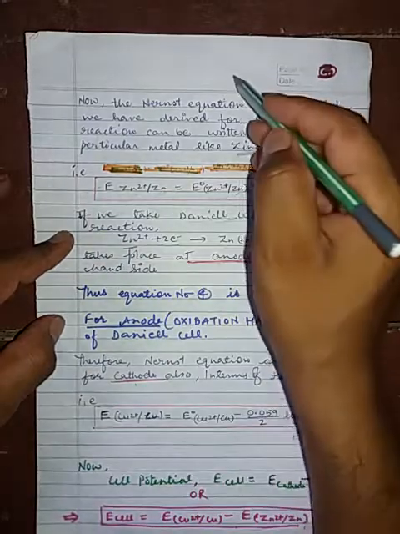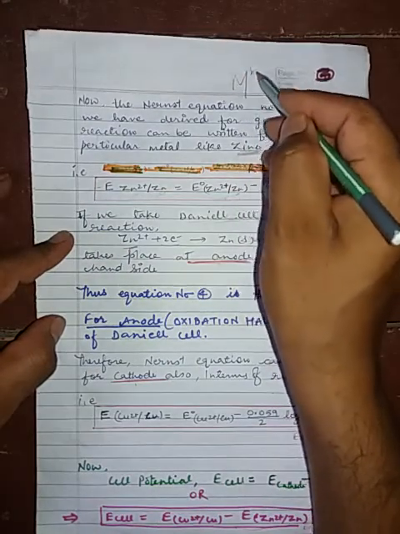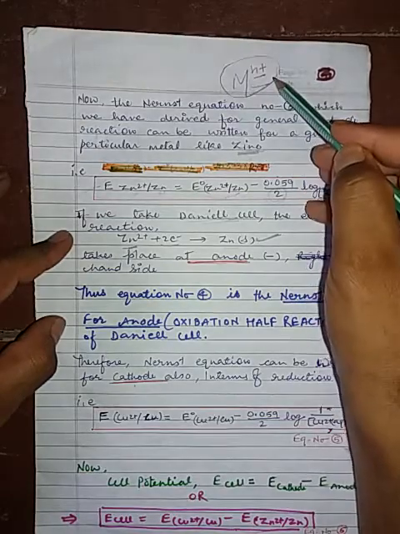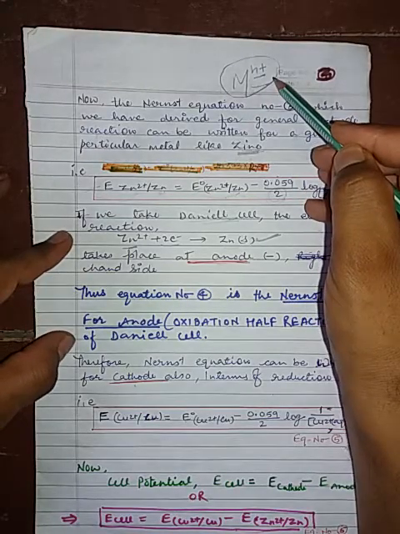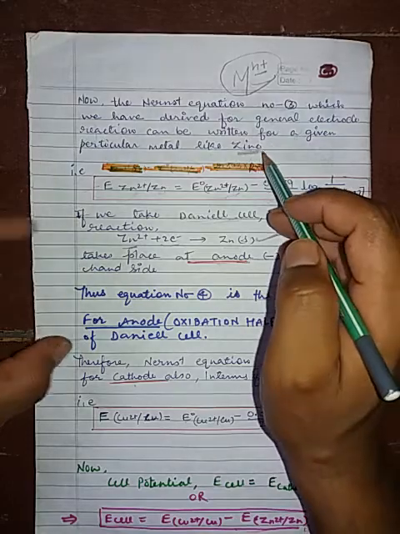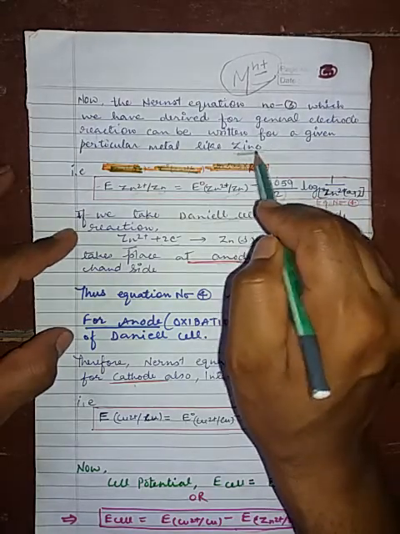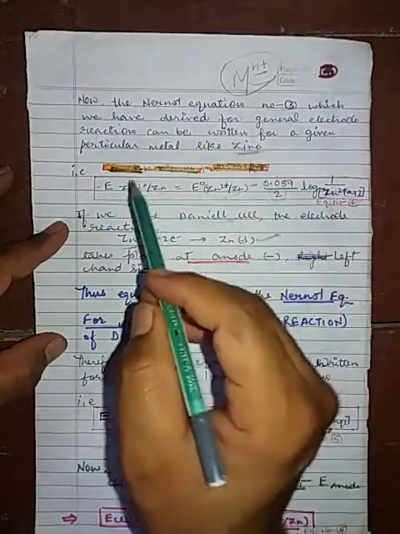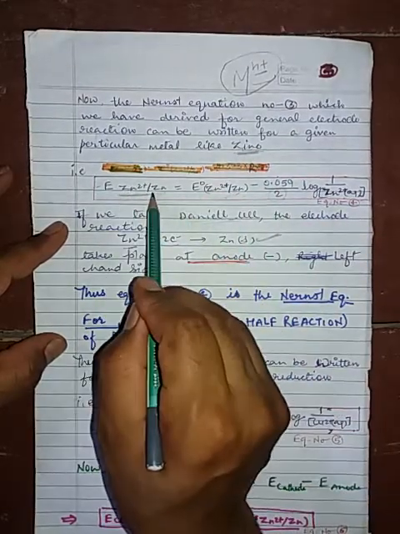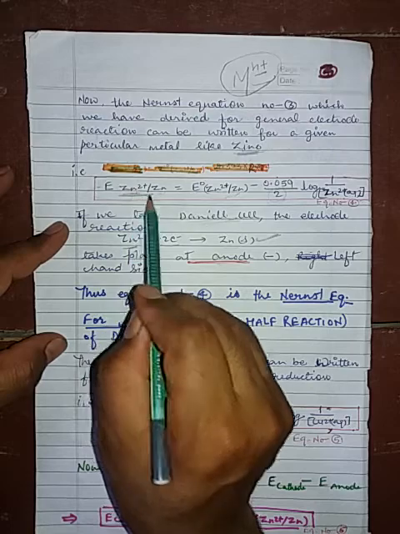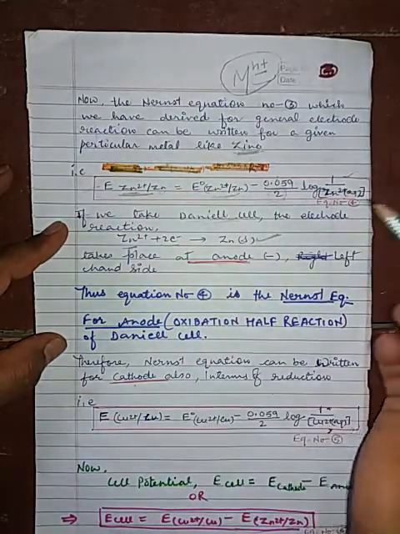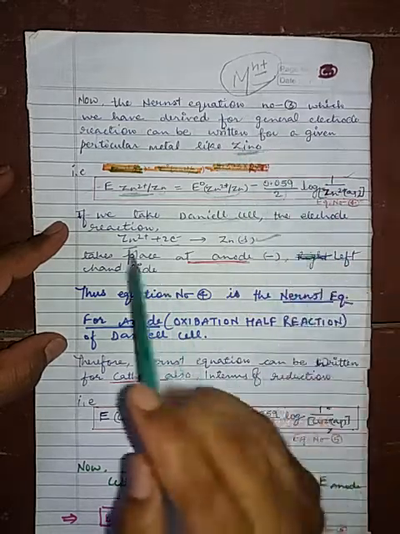That was taken for any type of metal having valency n, but we can write this Nernst equation for a half reaction for any particular element like zinc. If we write that equation in terms of zinc, then in place of M ions we can write Zn2+. Now the same equation we can convert into the form of zinc.